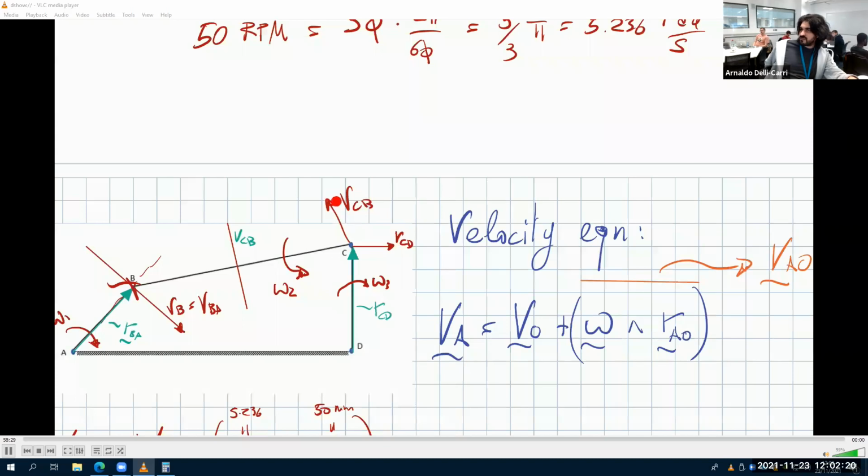The only way for C to move in this direction would be if omega 2 is counterclockwise. Agreed? So try to put B like this. B is fixed, C is going in this direction. So omega 2 must be counterclockwise. All good? Good.